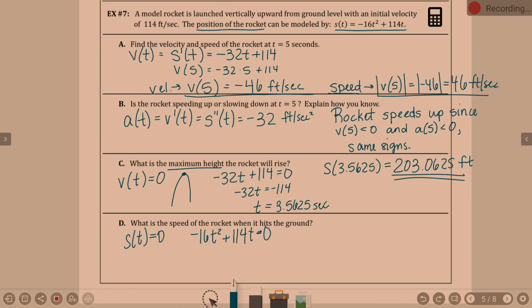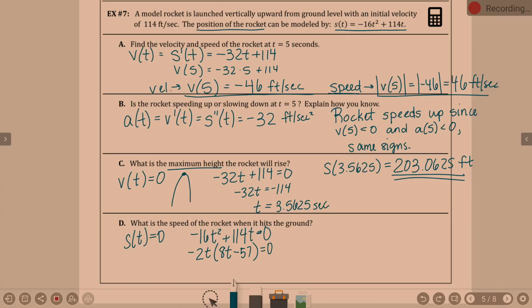I think it's much easier to have factors of 114. Okay, well, just try factors of 16. 2 goes into it. Does 4 go into it? If 4 doesn't go into it, stop there. It's going to have to be 2. Because if 4 doesn't go into it, 8 can't go into it, and 16 can't go into it. So, if you factor out negative 2t, I'm left with 8t minus, what was it, 57?